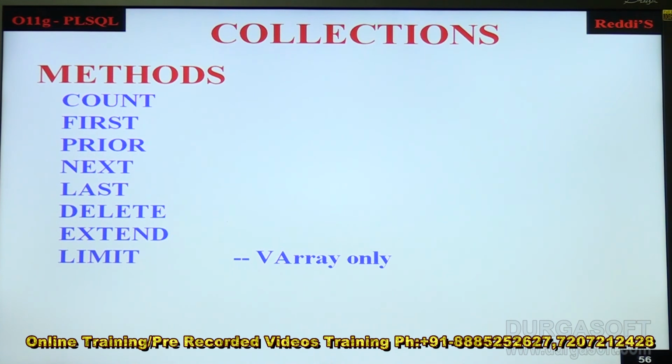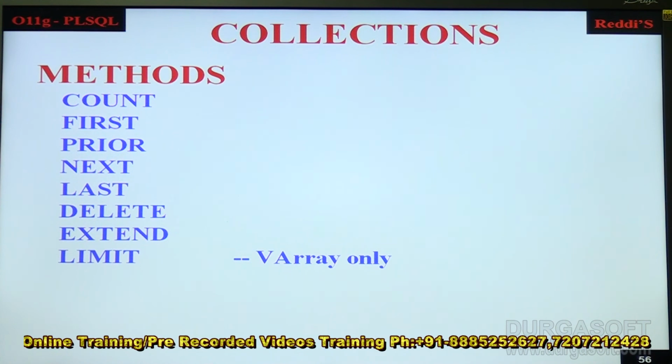Now we want to insert the fourth value. The fourth value can go to the 4th position or 5th position or 100th position if those positions are opened. This is the difference between VArray and table. So PL/SQL table is sparse. You can insert the values anywhere.